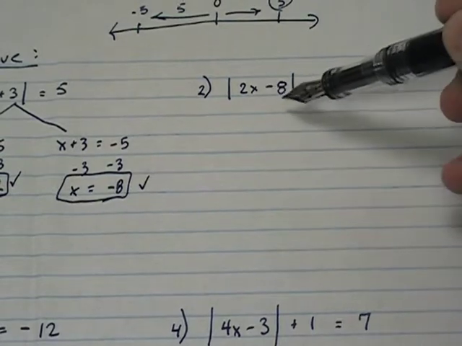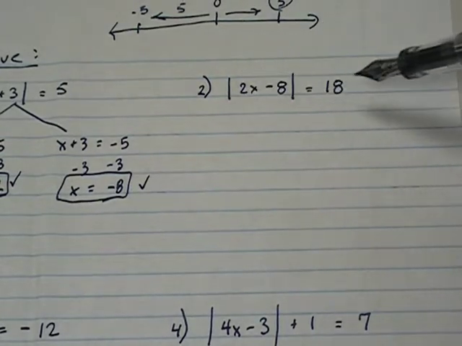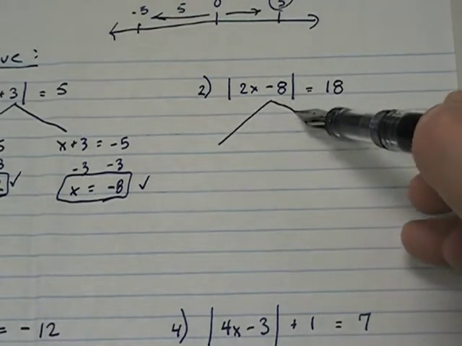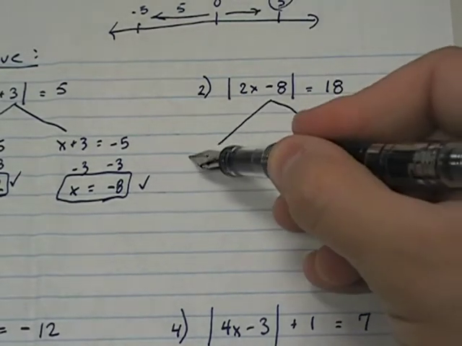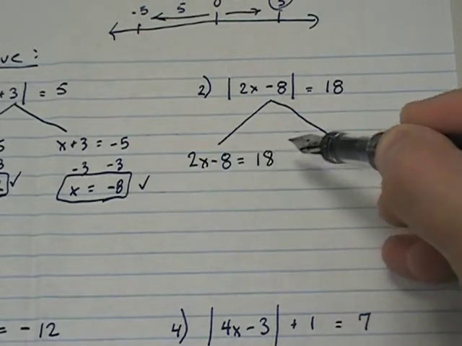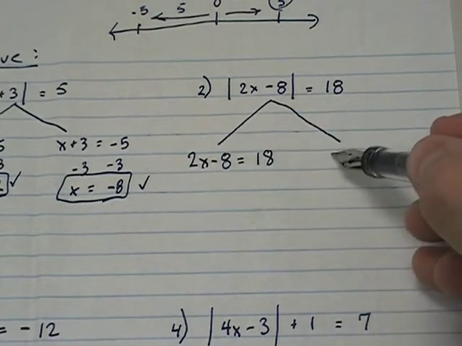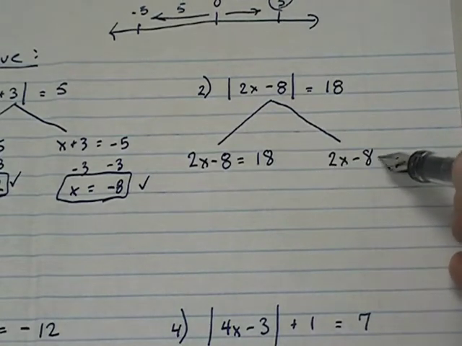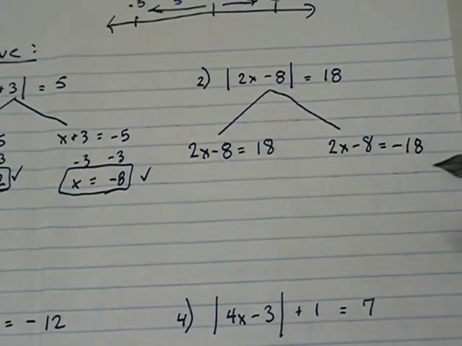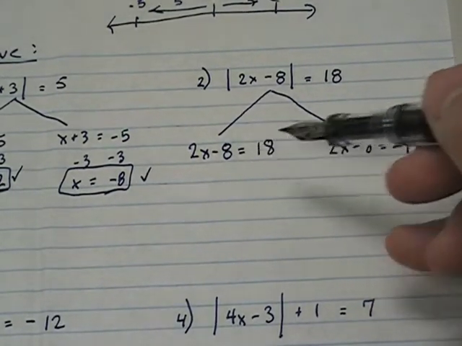Same concept. I'm saying this quantity must be 18 units from 0. Well, there are 2 ways to be 18 units from 0. I can have this quantity 18 units to the right of 0, or I can have this quantity 18 units to the left of 0. And these are 2 independent equations, and you solve them just like you would any other linear equation.